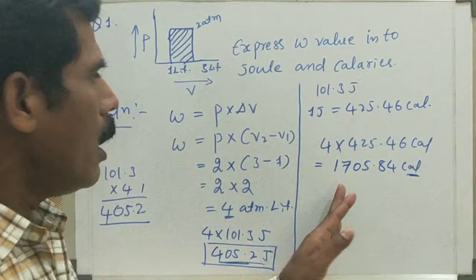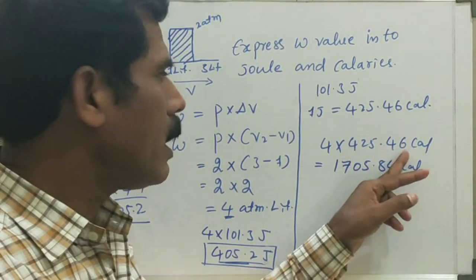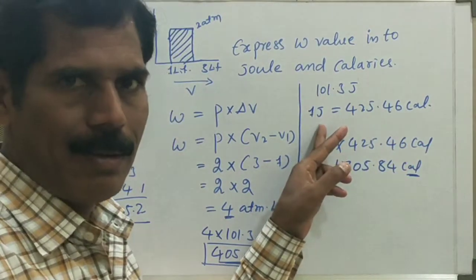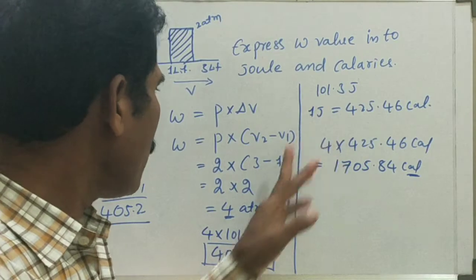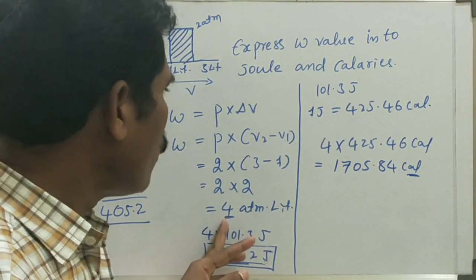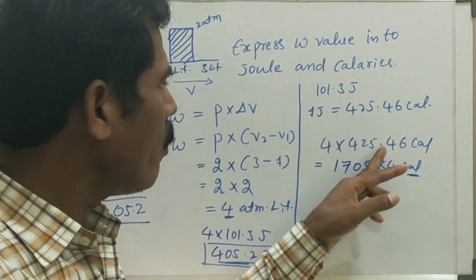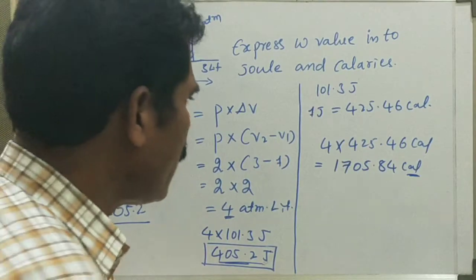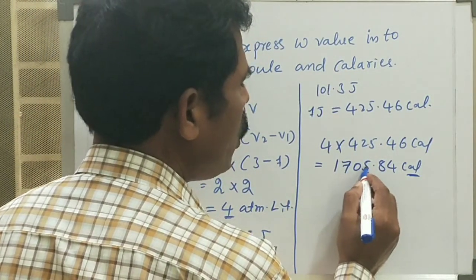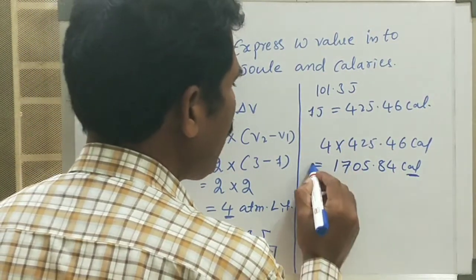Here you have to multiply 425.46 calories, which is the value of 1 atmosphere liter. If you multiply this W value 4 with 425.46 calories, finally you will get 1701.84 calories.